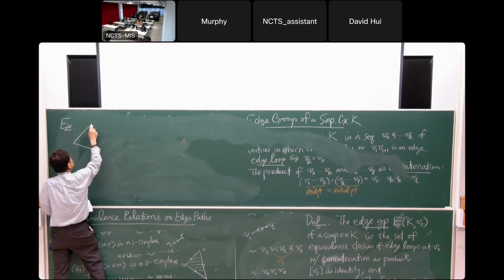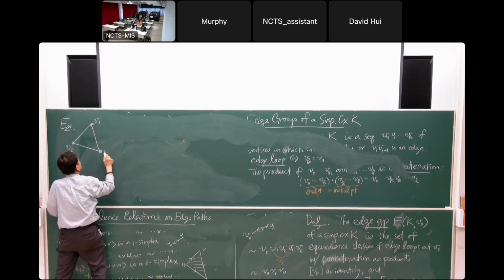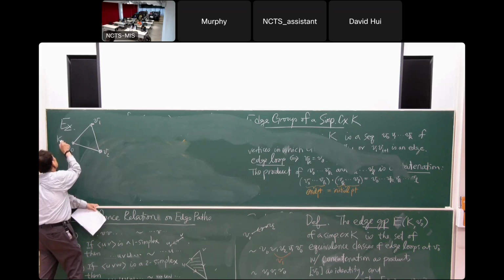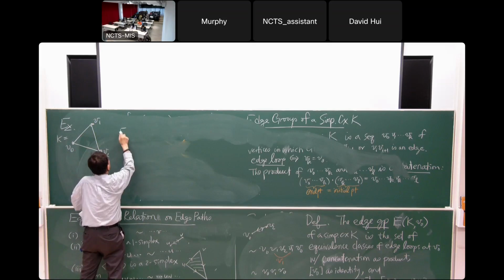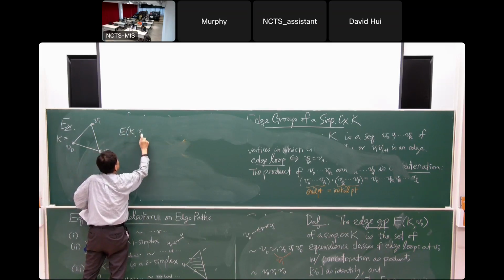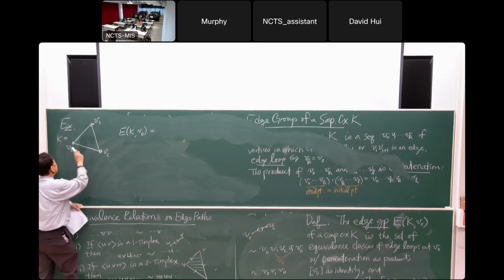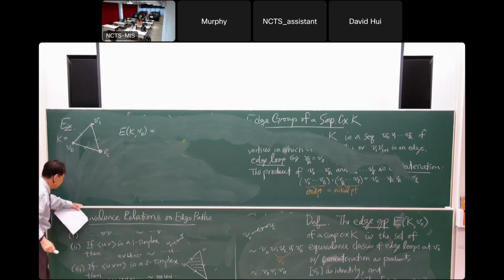So suppose this is your simplicial complex, V0, V1, V2. And we want to calculate its edge group based at V0. Well, you have this loop, right? V0, V1, V2, V0.